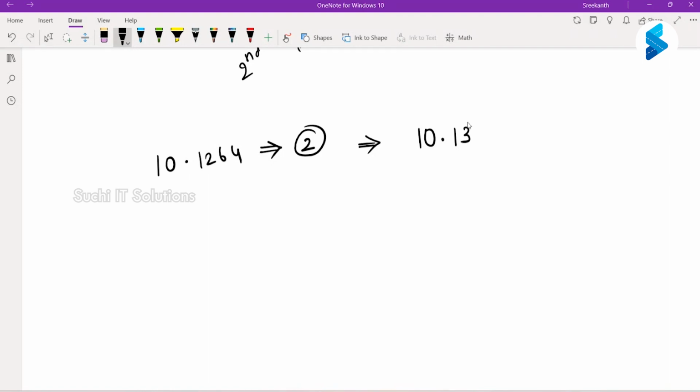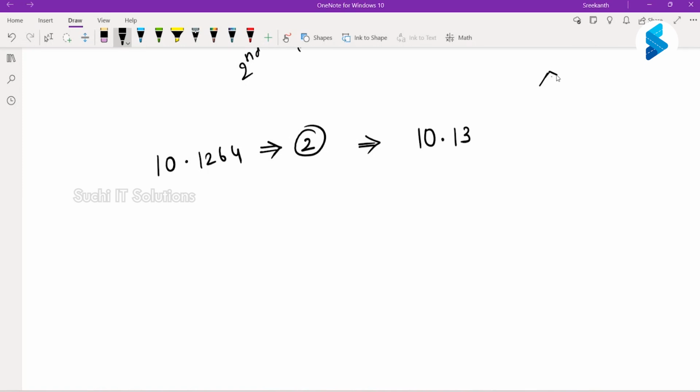Why are we rounding it to 10.13? The number after 2 is greater than 5, sir. So we are adding one to the number.